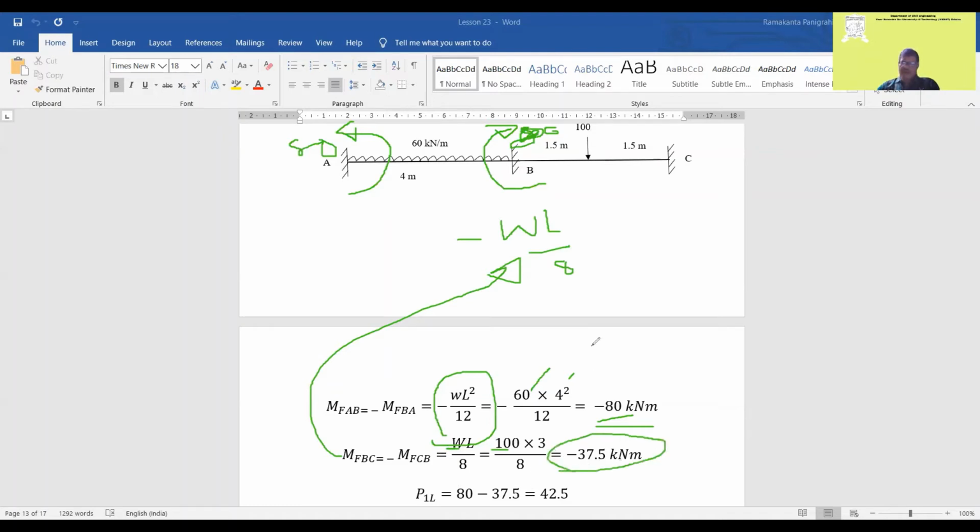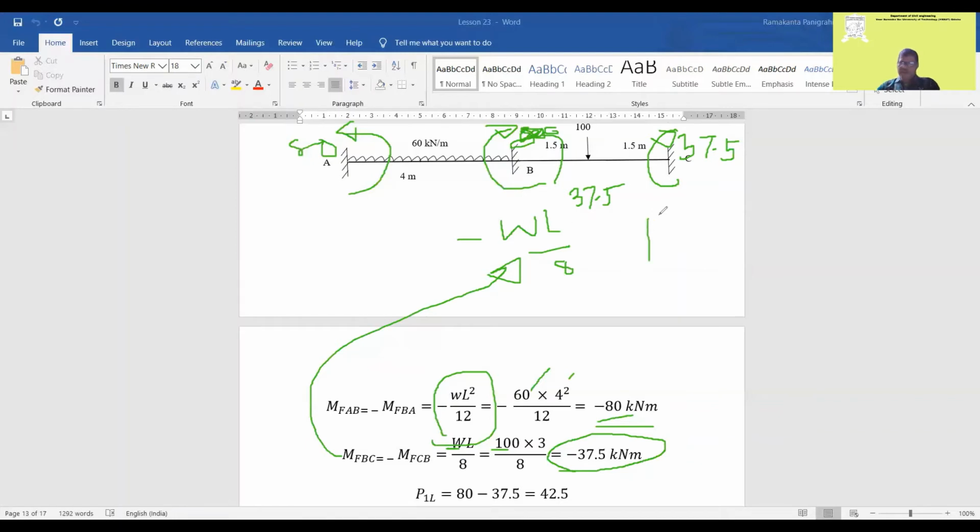So minus 37.5 here, and plus 37.5 here. Now this is how the forces are calculated at different zones.